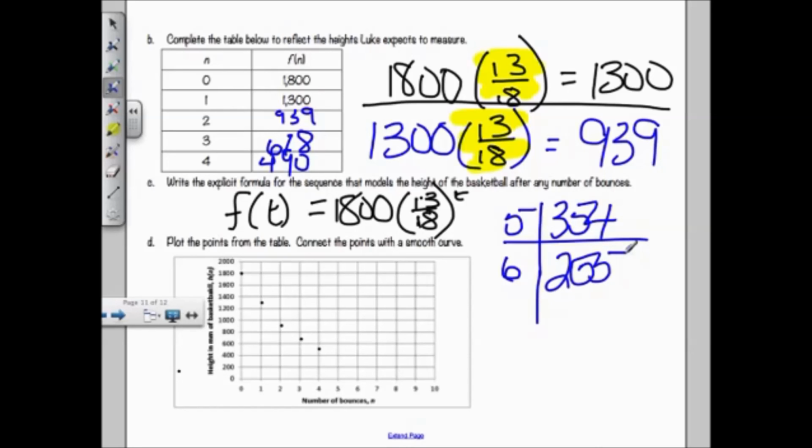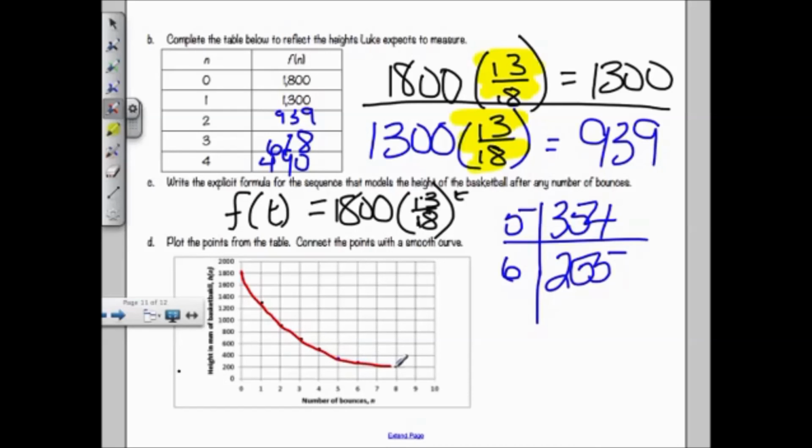So I'm going to put a dot right at 354, and then I'll put another dot at 255. If you notice, it definitely appears to have an exponential decay pattern as you graph this all out.